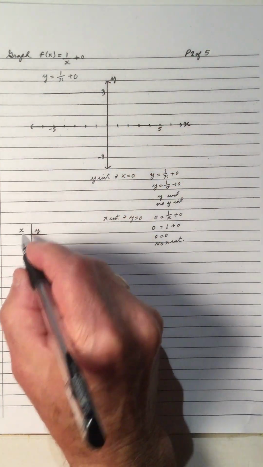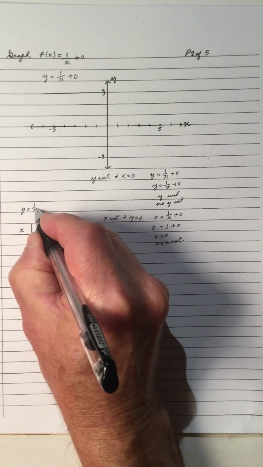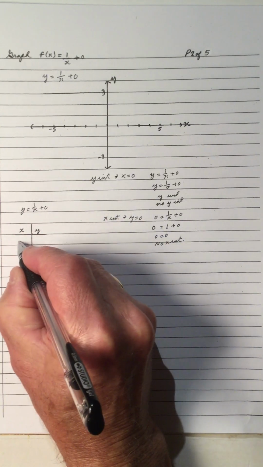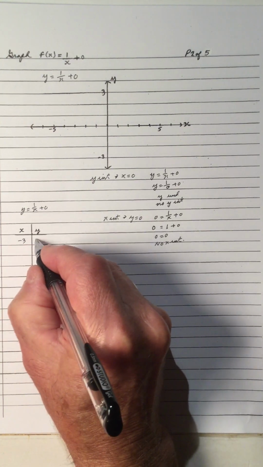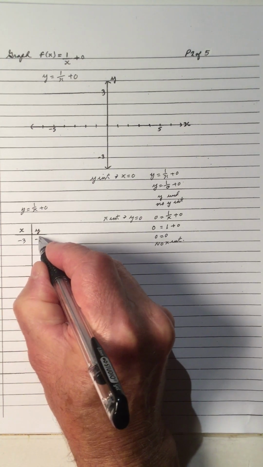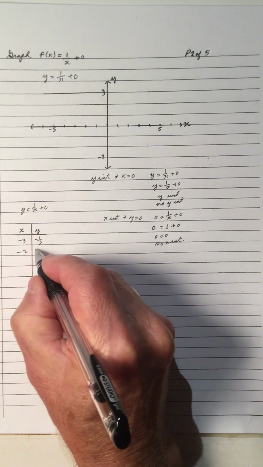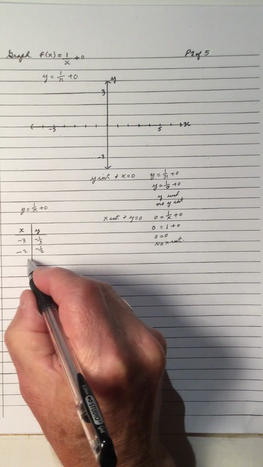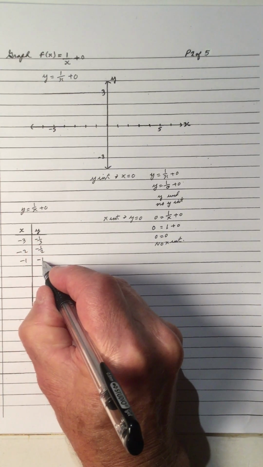So let's look at a table of values for this equation. The equation is y equals 1 over x plus 0. Let's look at negative 3. If x is negative 3, we get negative 1/3. X is negative 2, we get negative 1/2 because it's the reciprocal. X is negative 1, 1 over negative 1 is negative 1.